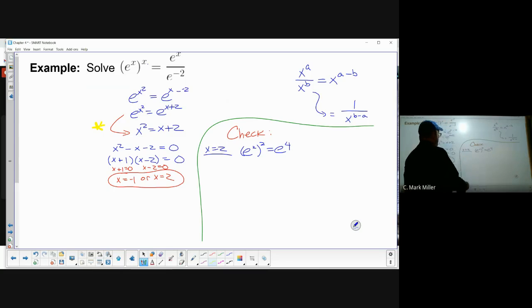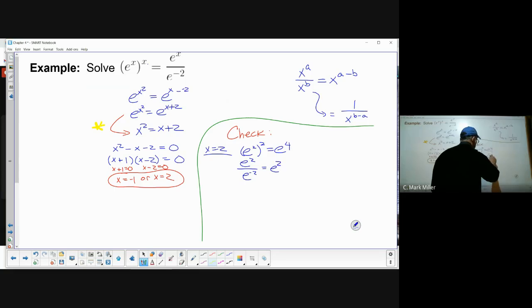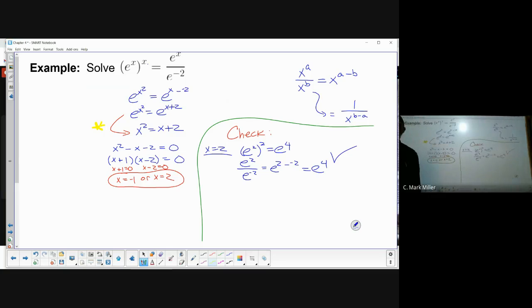That's the left-hand side. e to the 2 divided by e to the minus 2 is e to the 2 minus minus 2, which is e to the 4. Check. That solution works.